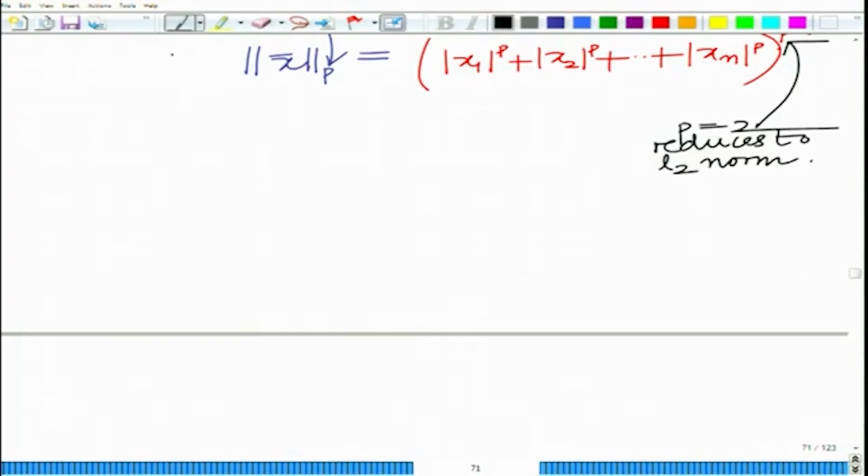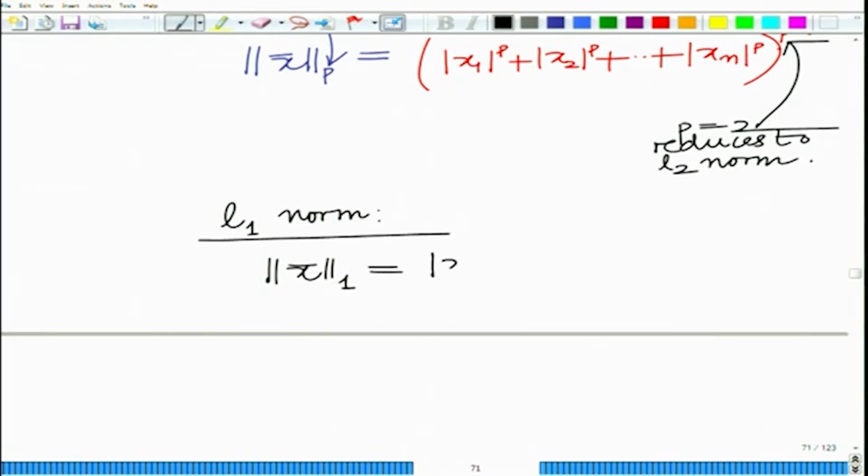For instance, the L1 norm, which is one of the most fundamental and widely applied. The L1 norm is norm of x bar 1. You can see that it simply reduces to magnitude x1 plus magnitude x2, each to the power of p, which is 1, plus magnitude xn whole to the power of 1 over p, which is again 1.